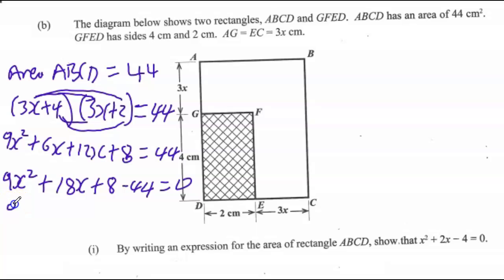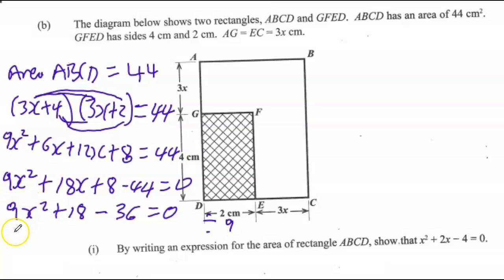So we have 9x squared plus 18x minus 8 take away 44 now. That's negative 36. And then to simplify, notice each term can be divided by 9. So we divide each term by 9.